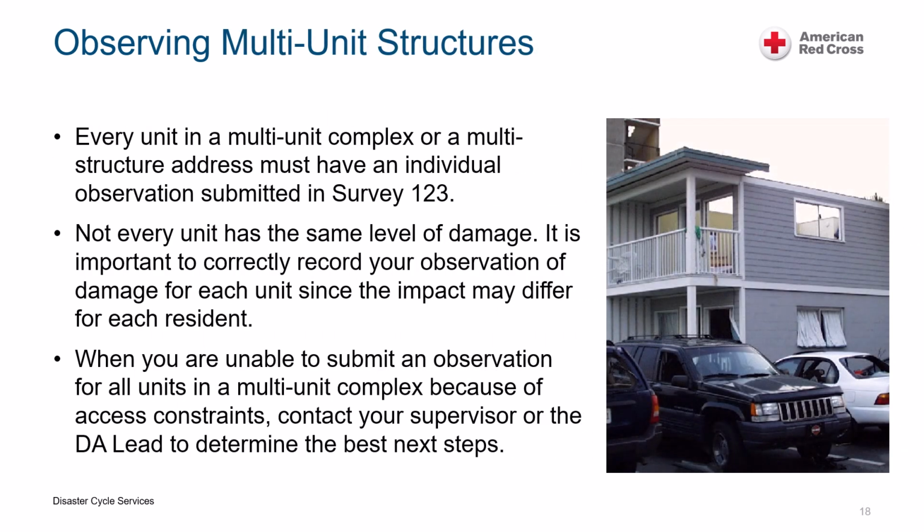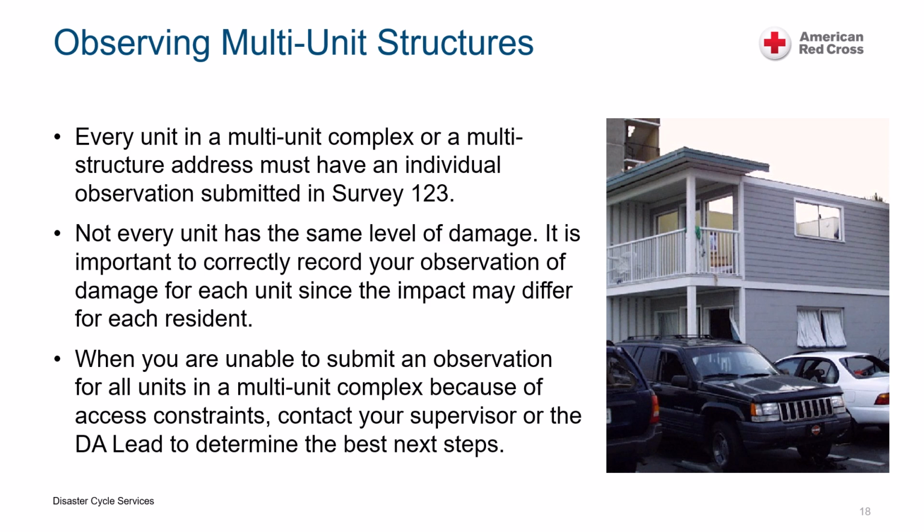When encountering multiple residences at a single address, an individual Survey 123 observation must be submitted for every residence. These situations may include multiple apartment units in a single structure, multiple smaller structures at a single property, duplexes, basement apartments, and mobile home parks.